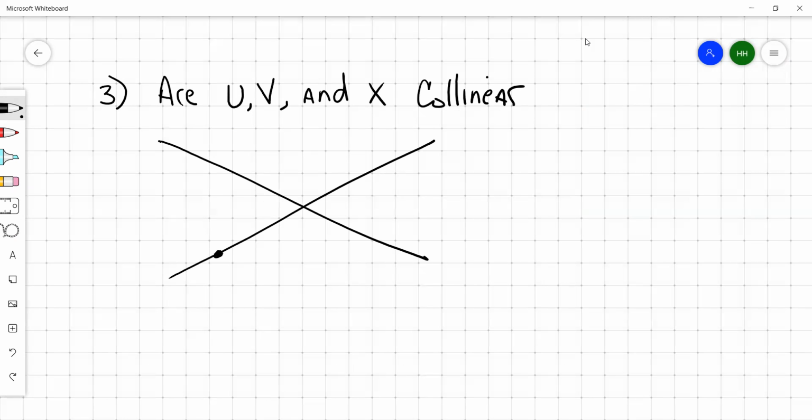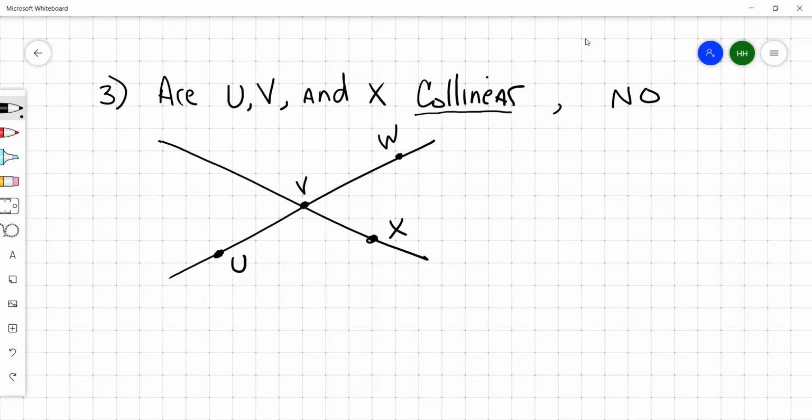And here's U. Here's V. Here's W. And here's X. Are U, V, and X collinear? Collinear means on the same line. Point U, V, and X. Are they on the same line? They're not, are they? Okay, they're not. All right, so that's just a no.